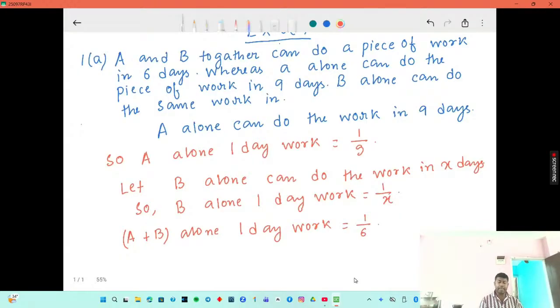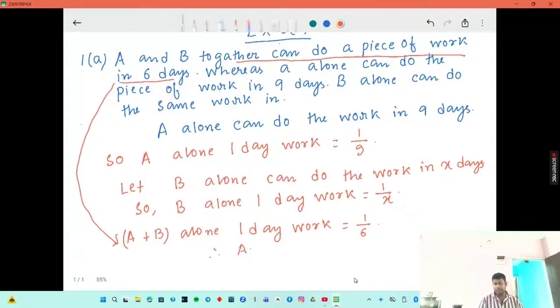Since A and B can together do a piece of work in 6 days, A plus B can do 1 by 6th work in 1 day.